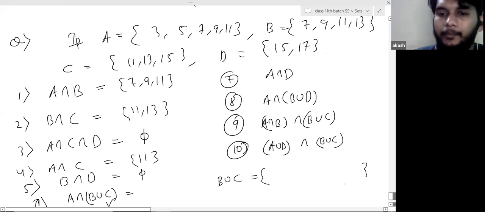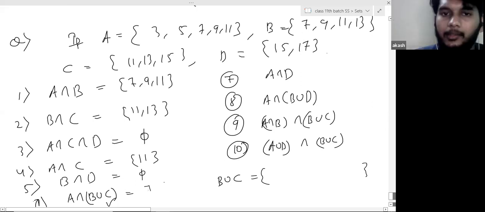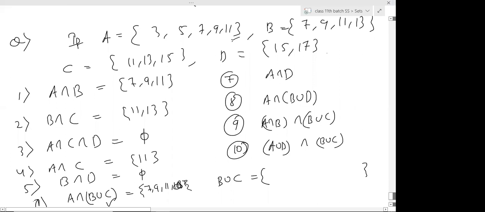Okay, so it'll be 7, 9, 11, and 13. Absolutely right. But not even 13, right? Because we are taking intersection. There is no 13 in A. So only 7, 9, 11, because we take the common elements.